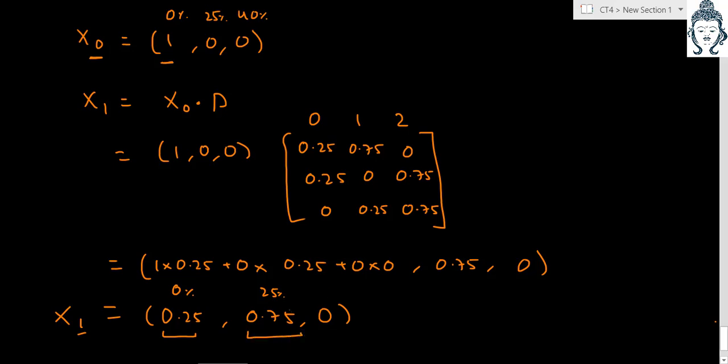And this is logical because we know that if I was in the 0% state, I could transition to the 25% level of discount if I do not make a claim, and that probability is 0.75. And if I make a claim, I'll stay in this state, so that is 0.25, right? So that is how I got this.